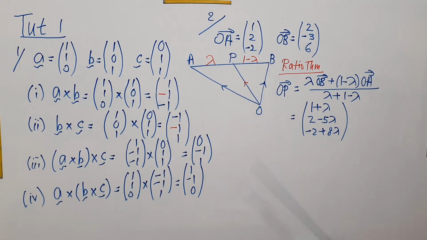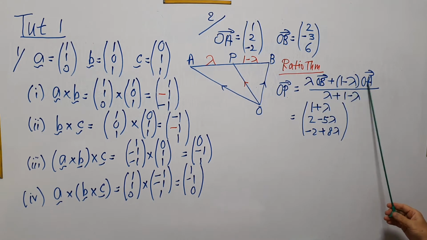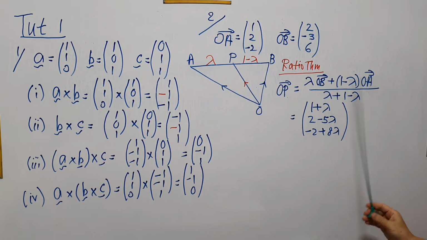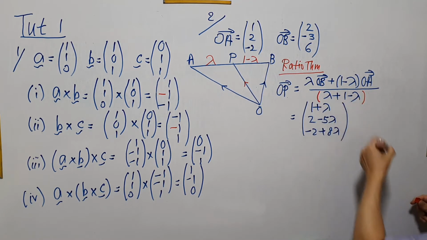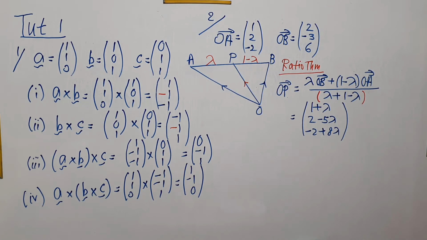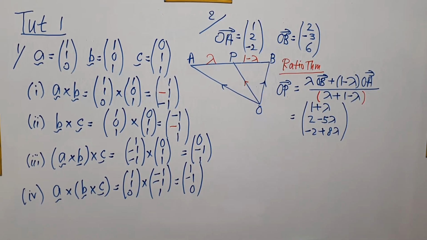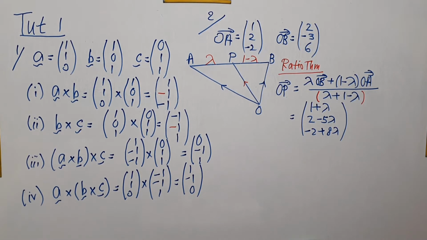We take lambda times OB plus 1 minus lambda times OA, so you put OB here and OA here and tidy up the arithmetic. The good thing in this case is that the denominator adds up to 1, so it doesn't come into the picture. So this is the vector OP.